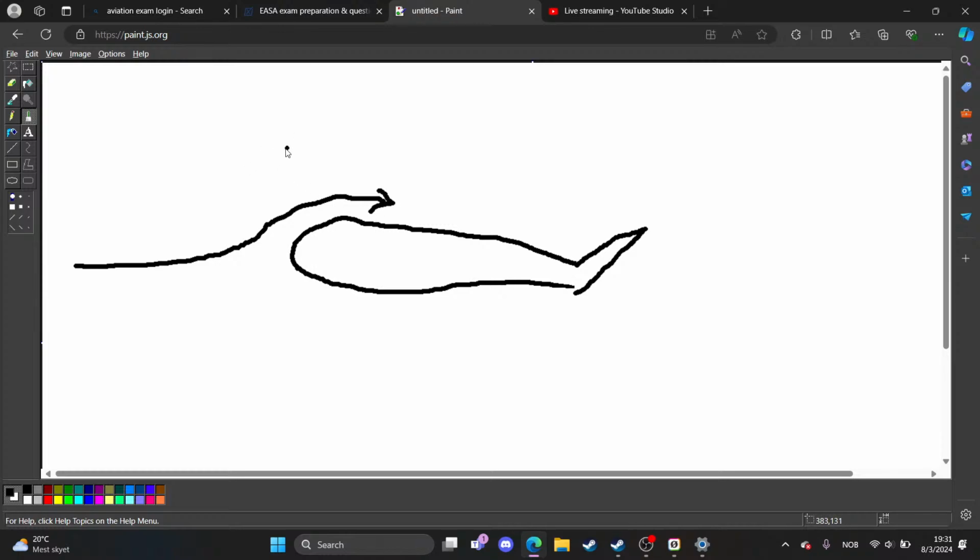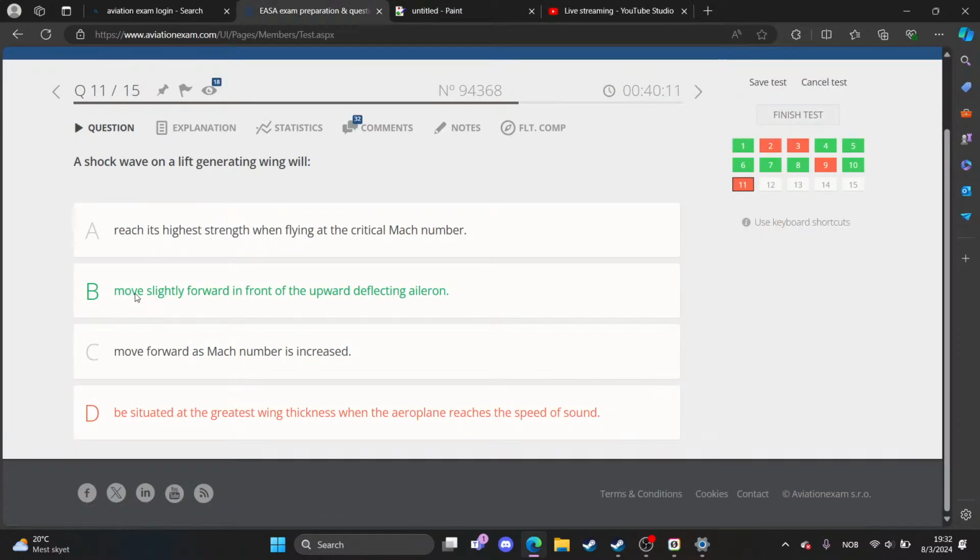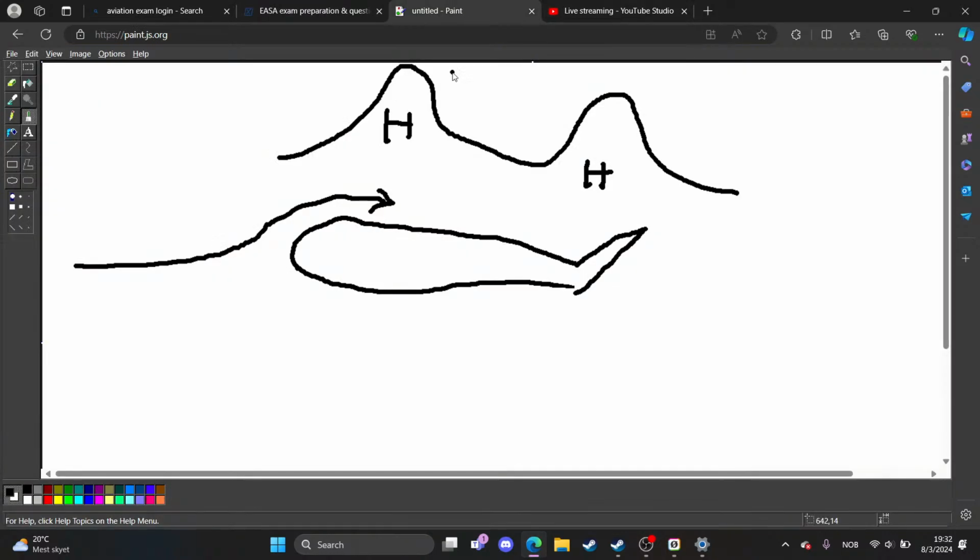That means we have a high center of pressure here, and then it will go up again. Got a high pressure, and then if we look at it, it will slightly move forward in front of the upward deflecting aileron.